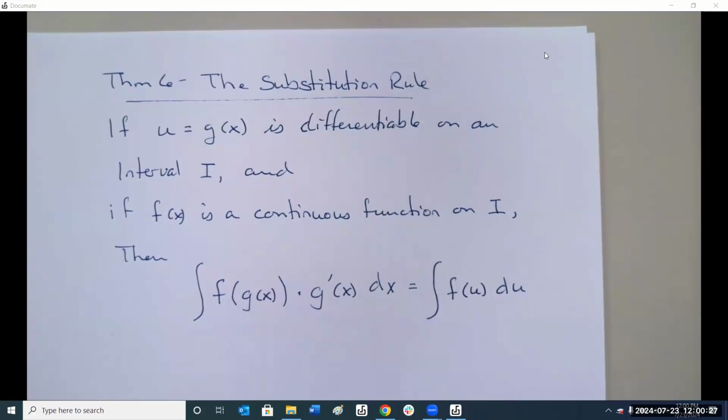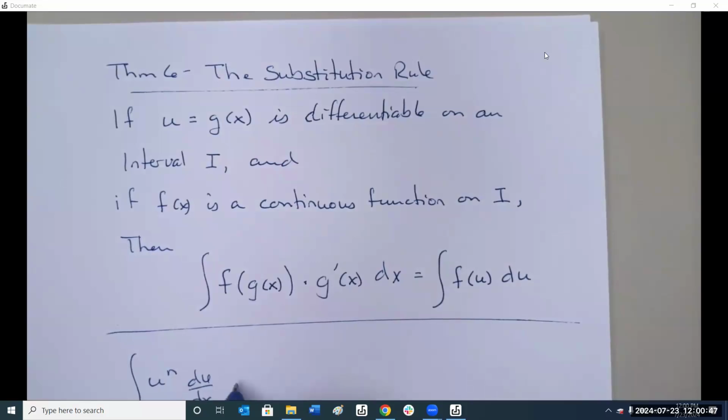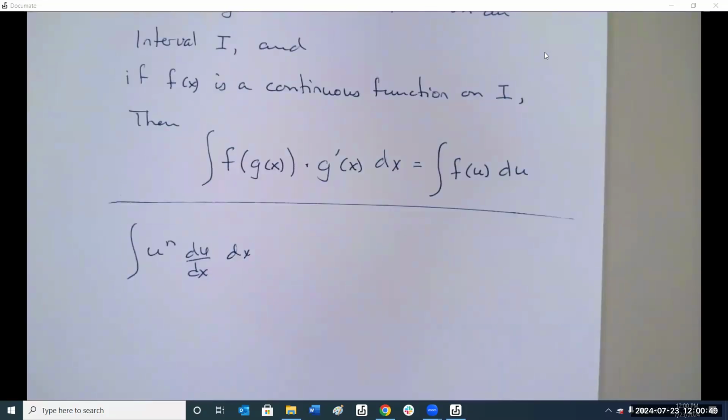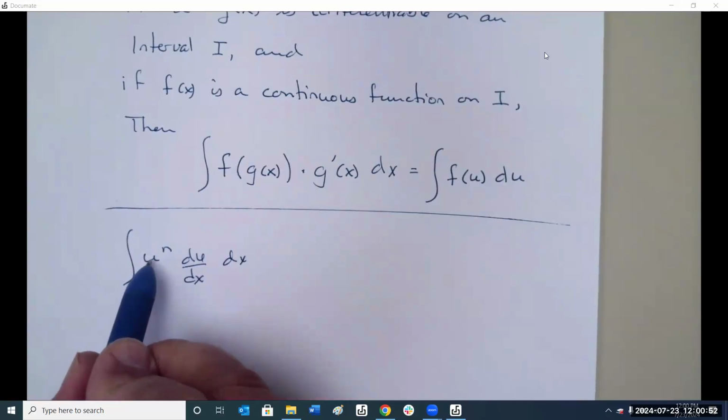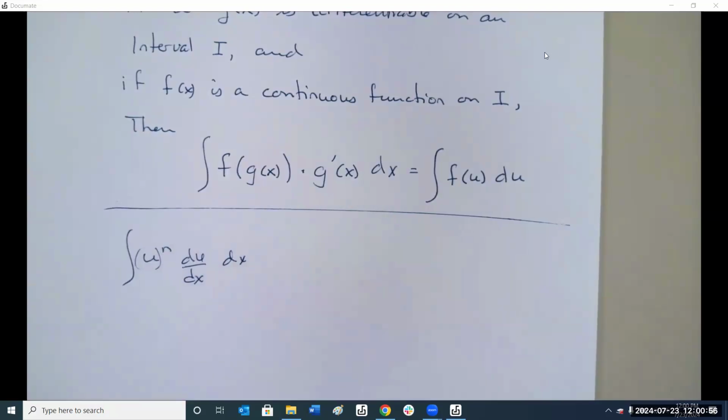That's what we just talked about. We have a composite function. Well, that's what we said earlier. u is a function inside a bigger function, which is to the power n.